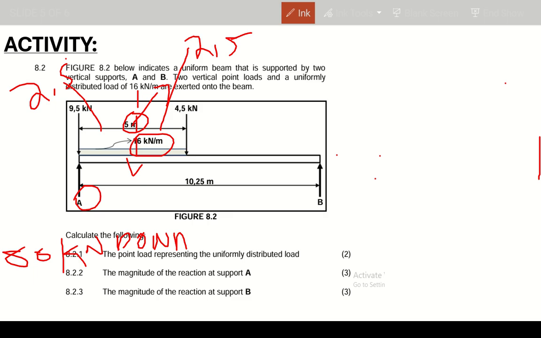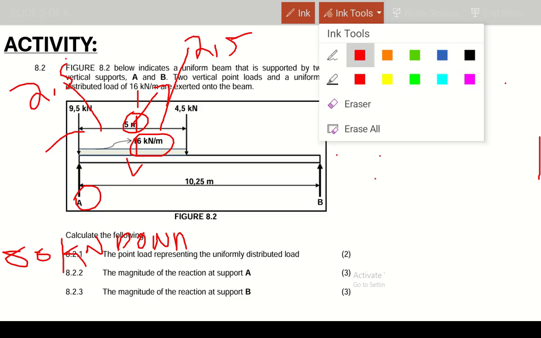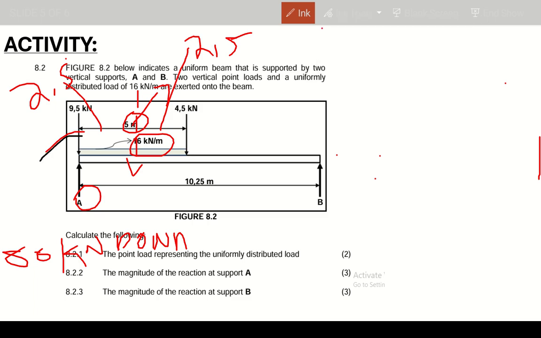The arrows here show you. So the total downwards is 4.5 plus 9.5 plus 80. So you just add the total.